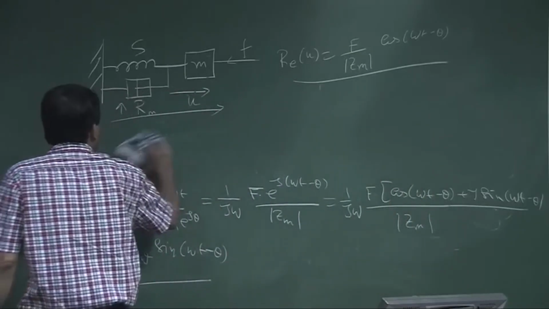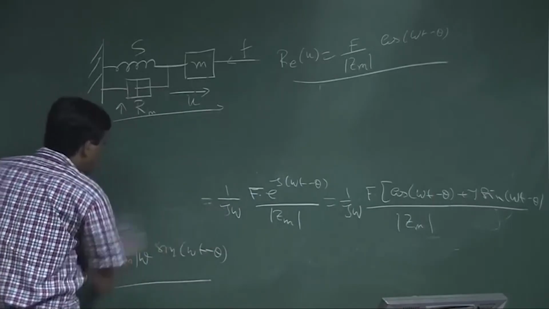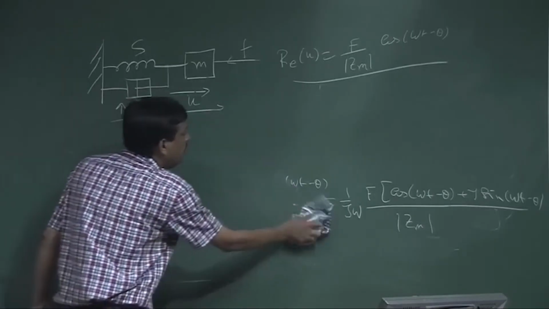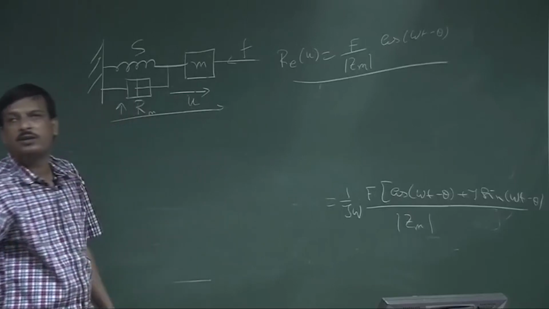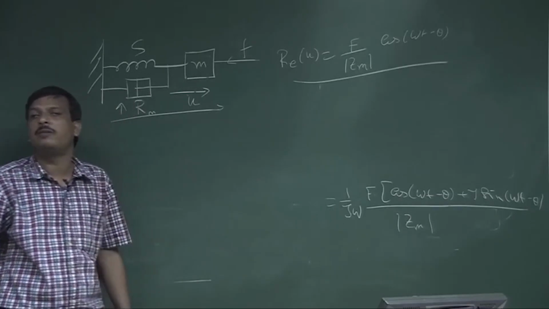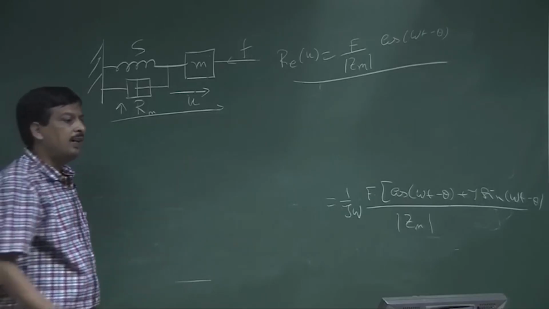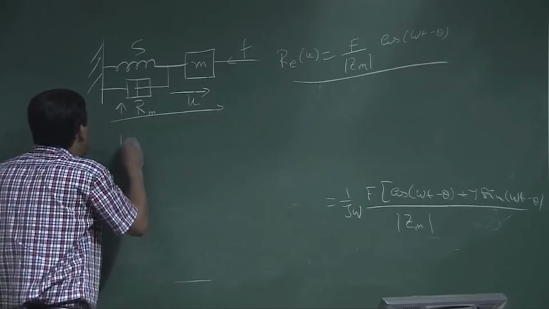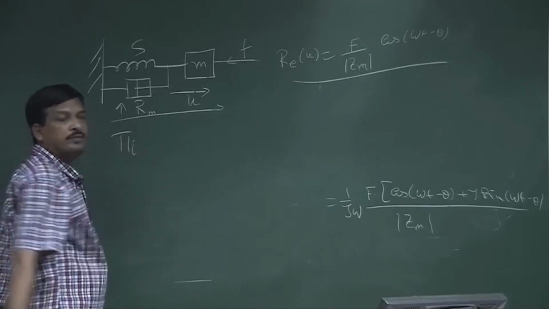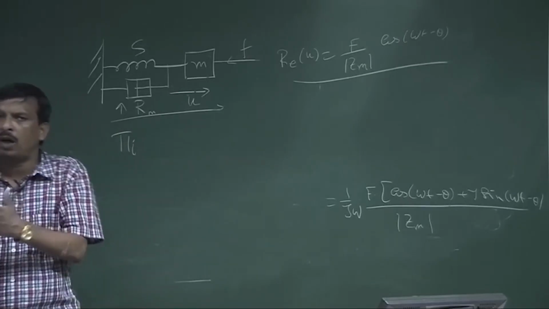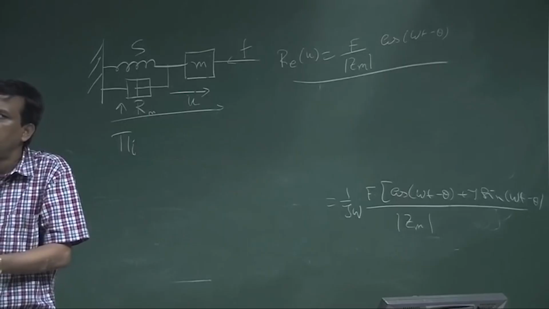Okay. Now, my intention is to find out the power. If it is forced oscillation, what power is delivered? If I apply a force F, how much power is delivered to the oscillator? That is why it is forced oscillation. So, I can say instantaneous power is pi. At any moment, power is nothing but force multiplied by the speed.